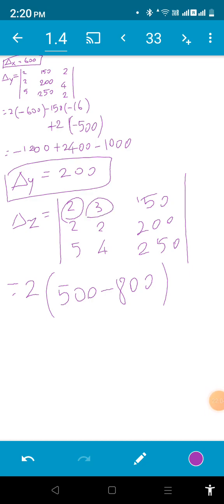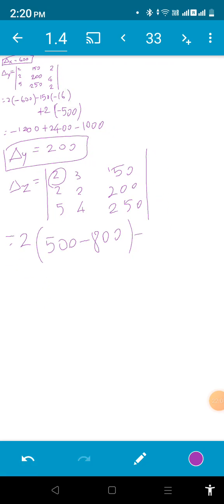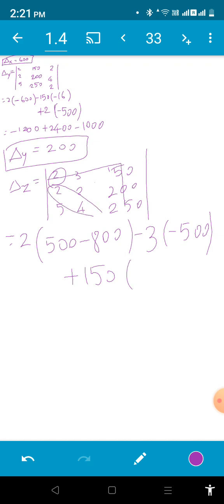Then similarly minus 3, I take minus 3 into the corresponding row and columns, which get cancelled. 2 into 250 is 500 minus 1000, that is minus 500. Directly I put this value. Then plus 150 into 8 minus 10, that is minus 2, so this value is minus 300.